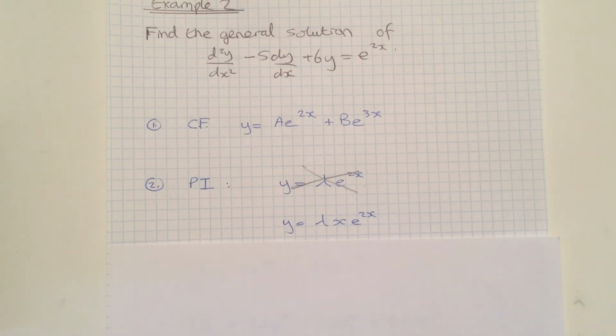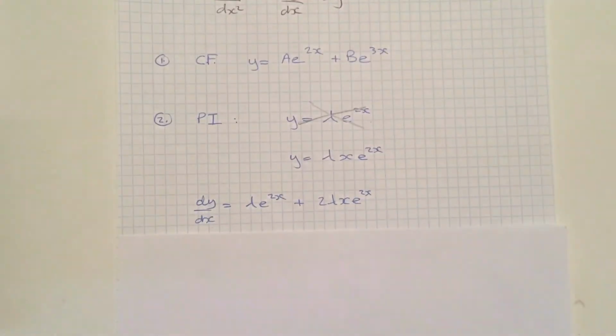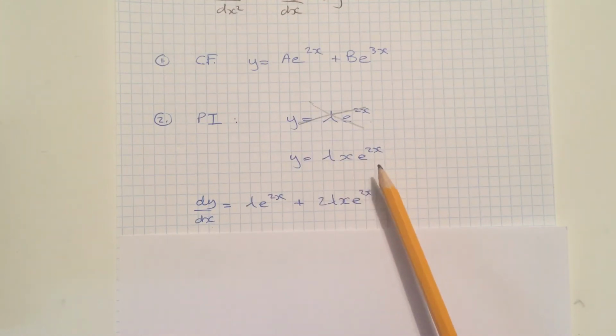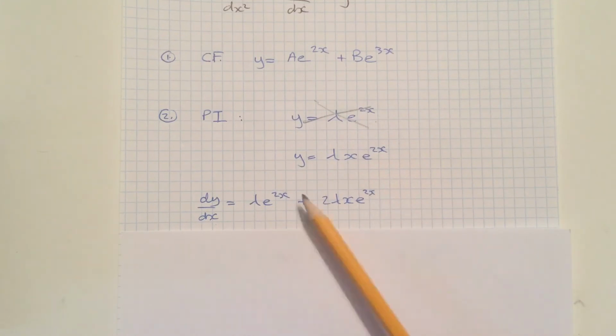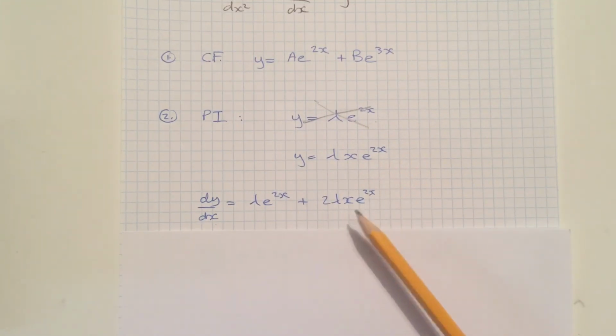I'm then going to go through the same steps. I'm going to substitute that in. So if I differentiate it once, so this is differentiating this using the product rule. So differentiate the lambda x, I get lambda times e to the 2x. Then differentiating the e to the 2x, I get 2e to the 2x times lambda, times 2 lambda.